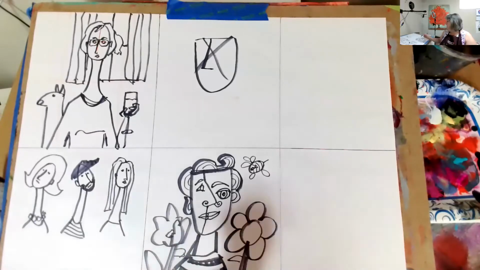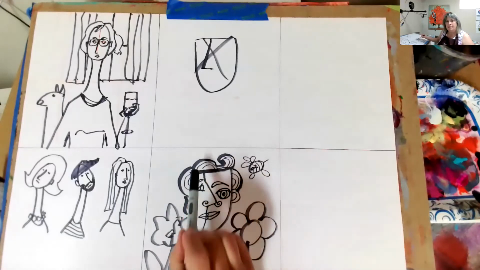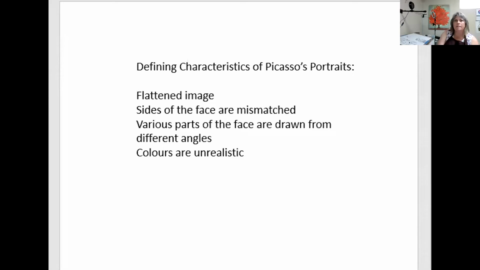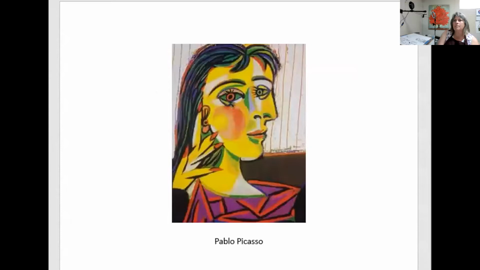And again, surprisingly, I'm going to say that Picasso is quite simple as well. Because when you look at the imagery, he doesn't have a ton of patterning.